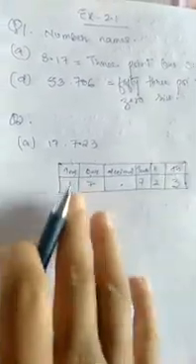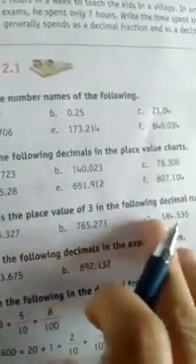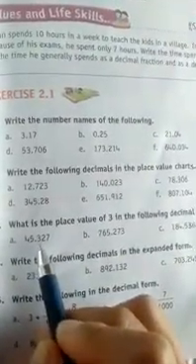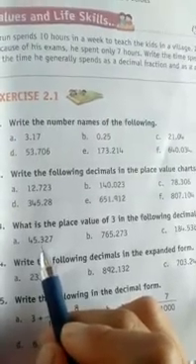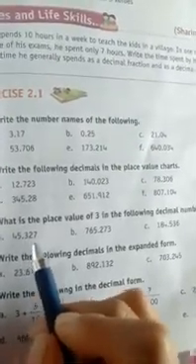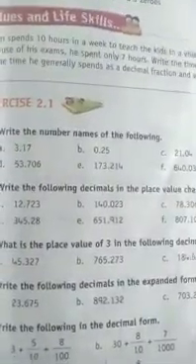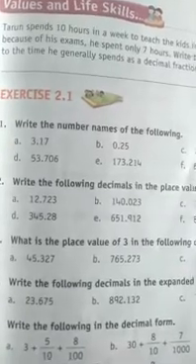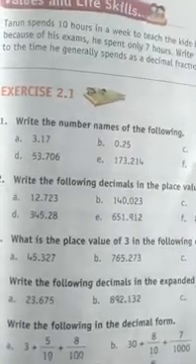Okay, very simple one. Now let's look here in question number 3. What is the place value of 3 in the following decimal number? After the decimal there is 3. How will you write the place value? We will write in fractional form. Place value can be written in fractional form, or else you can do it as a whole number, but we will do it in fractional place value.